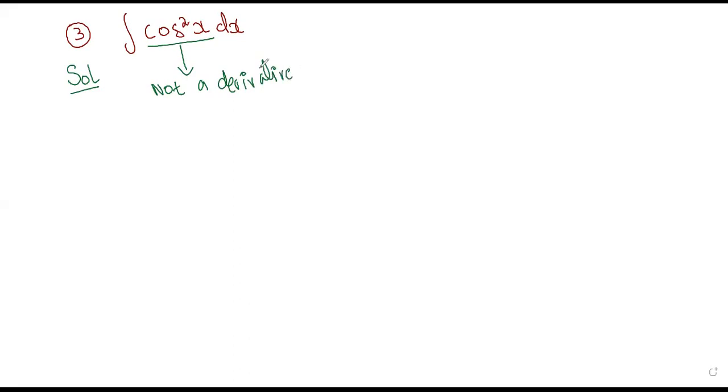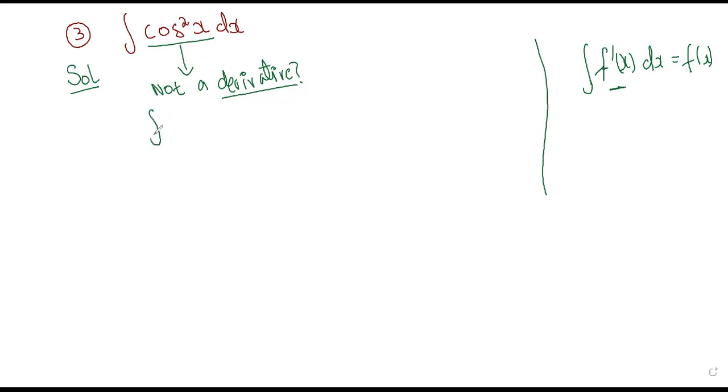And when I'm talking about integrals, considering derivatives would look a bit weird, but here we are basically working on this concept. So in this case, since cos square x is not a derivative, we need to use something else instead of cos square x, right?